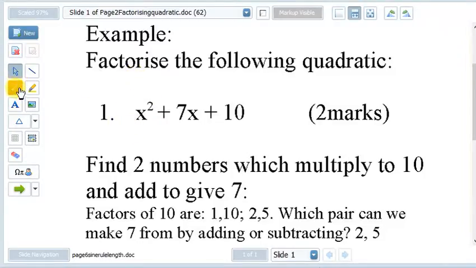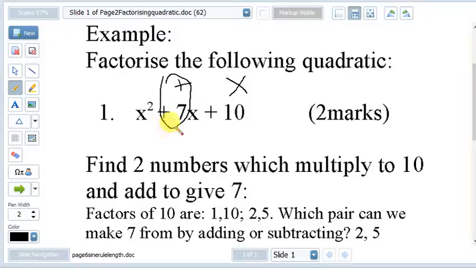Now this one here is a quadratic because the highest power of x is the x squared term here. Okay, so x squared is the highest power of x. Next one, so this is our method now. What we've got to do is find two numbers which multiply to 10, so we put a times above that one, and add together to give this number here.